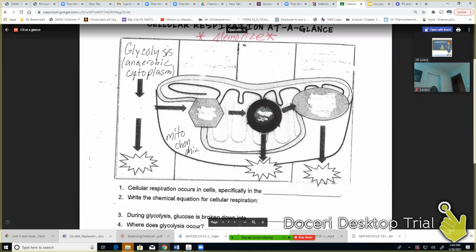And the glucose that was made in photosynthesis is used here. Glucose, I'm just going to put shorthand. And that's broken down into pyruvate, which is just another chemical. So from glycolysis, glucose would be the chemical. This breaks down into pyruvate, and that gives me 2 ATP.